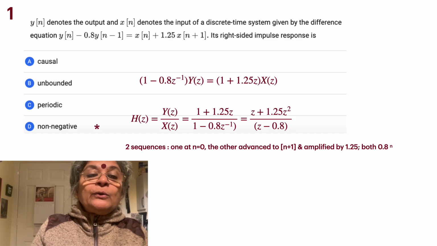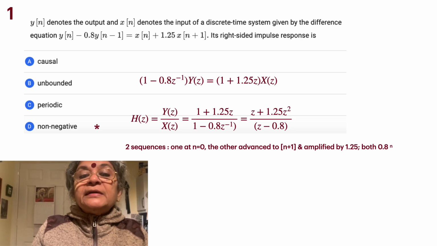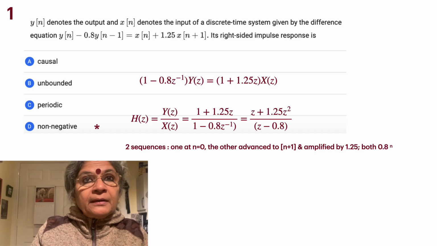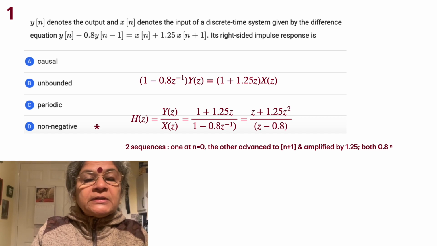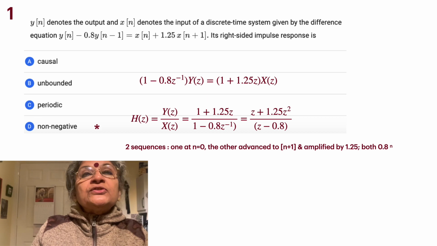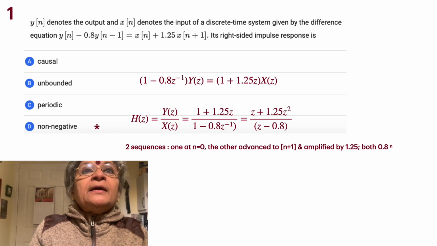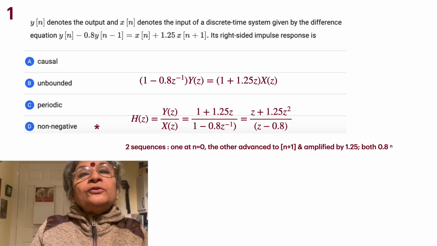So let's move on to some of the questions in this session. Again, it's discrete time systems assisted by Z transforms for analysis and solution. Let us look at the first problem. y[n] denotes the output and x[n] denotes the input of a discrete time system given by the difference equation. Just as differential equations describe linear time invariant systems in the continuous time domain through constant coefficients, here we have discrete difference equations describing discrete time systems, again through constant coefficients.